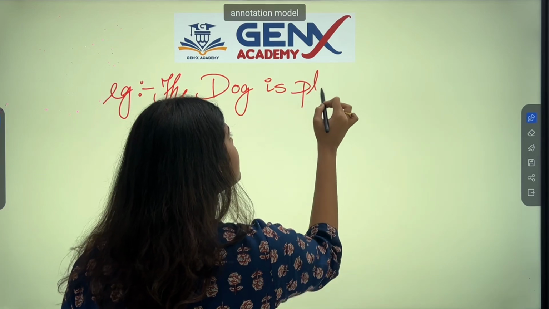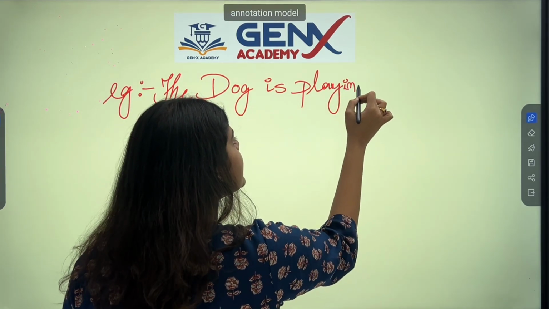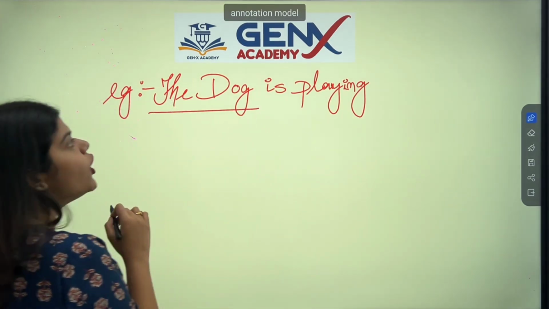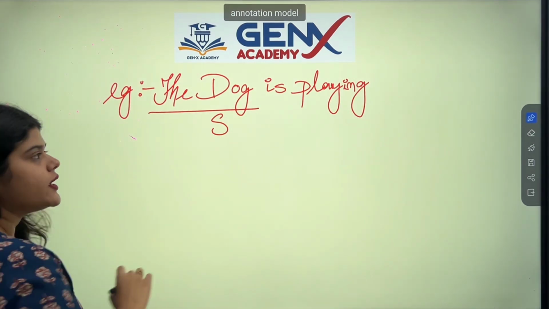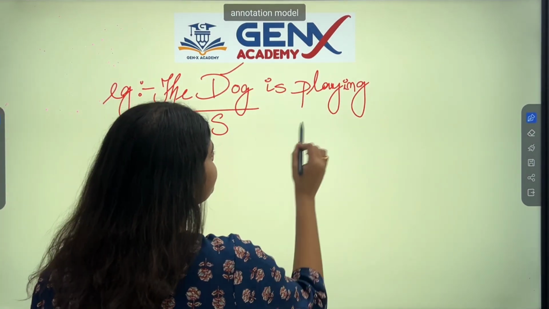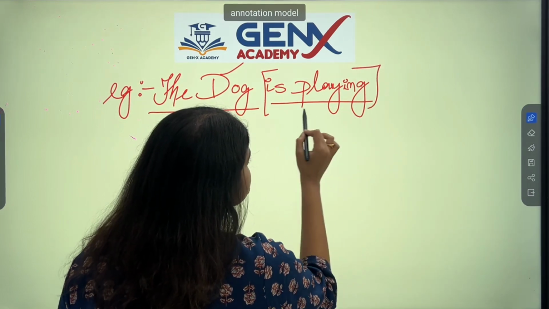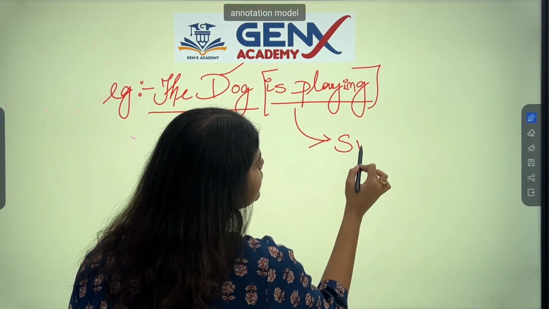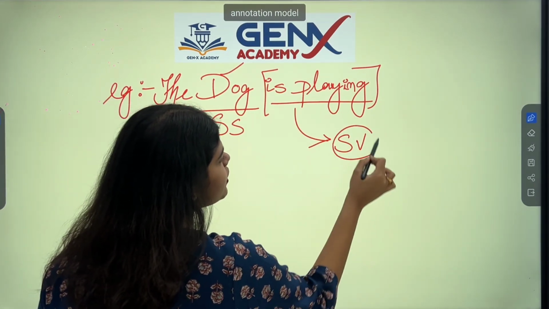The dog is playing. So the subject here, the dog, is singular in nature. Therefore, is playing, which is the verb, is also in singular form. This is your singular subject. This is your singular verb.